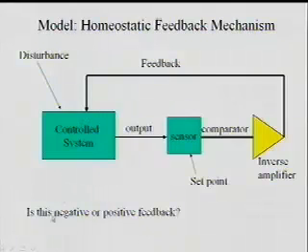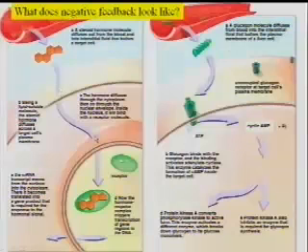Okay. So this obviously is a negative feedback model. So the inverse amplifier is essential in negative feedback, and there's just an amplifier in a positive feedback. So the output drives the system through some means to increase more and more until the stimulus to the disturbance is removed to terminate it.